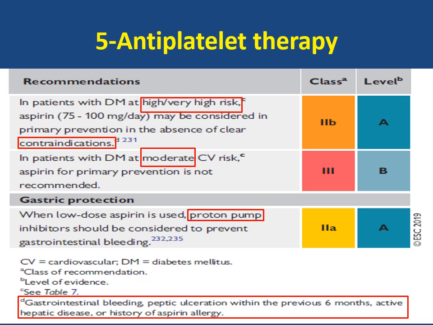And it is class 3 to give aspirin as primary prevention in moderate risk diabetic patients. And it should be considered to give a proton pump inhibitor with the low dose aspirin to prevent GIT bleeding.